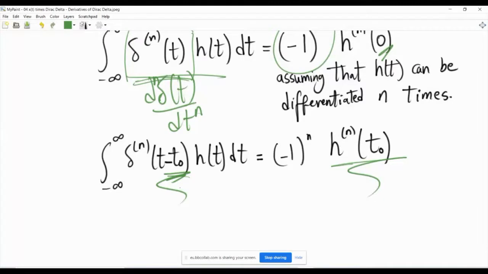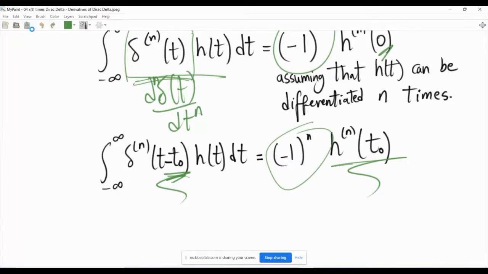In distribution theory, the Dirac delta is designed to be infinitely differentiable. The impact of its derivatives is to evaluate not the function, but the derivative of the function. And then there is an annoying minus 1 to the power n, because things happen as if we are doing integration by parts.